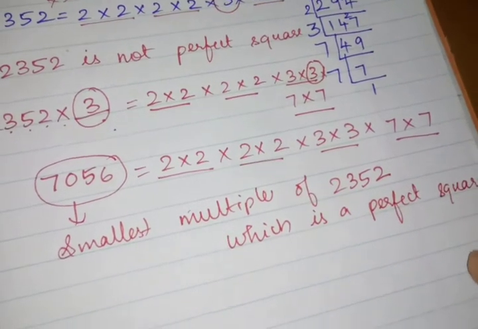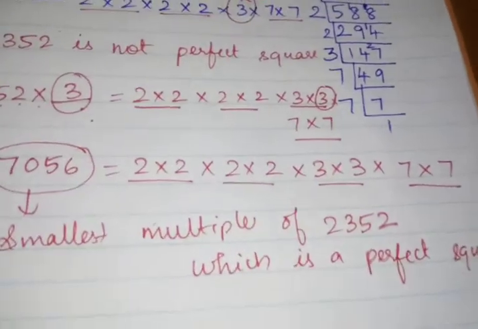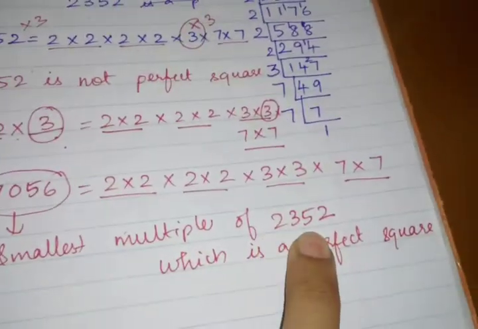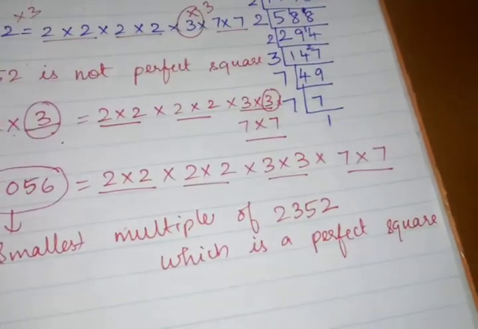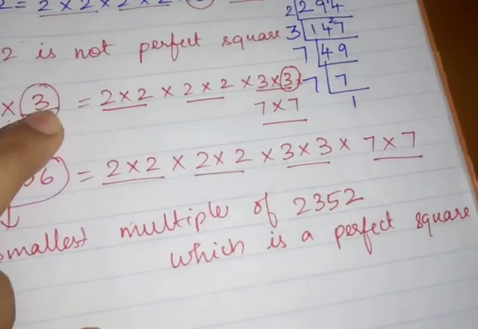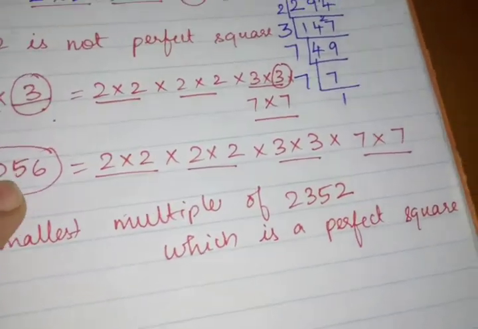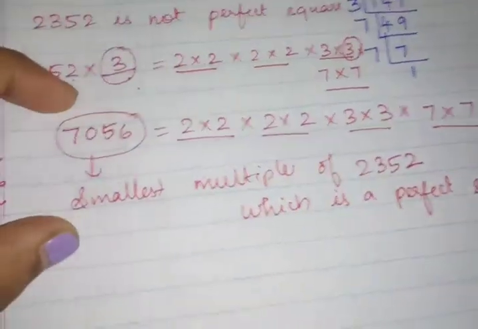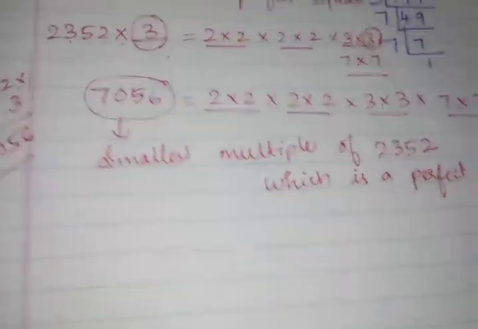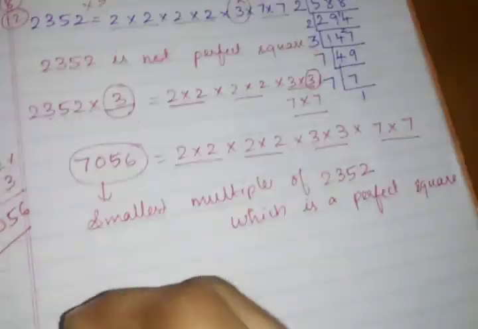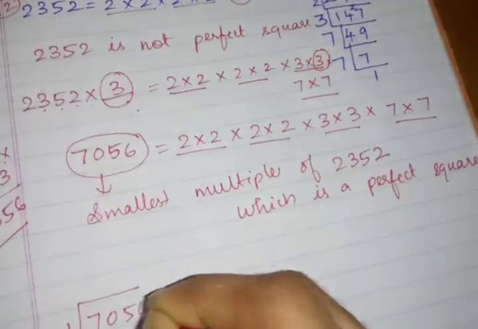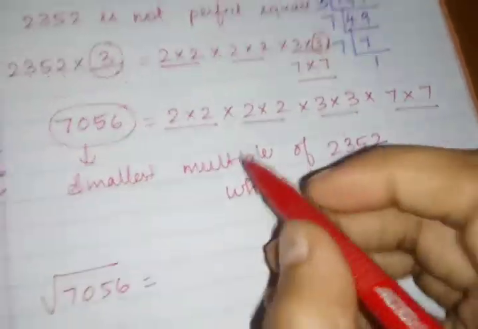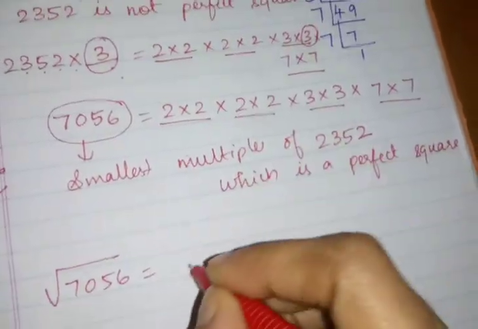Okay, so we have found the smallest multiple of 2352 by multiplying 2352 into 3. I got 7056, which is a perfect square number. So this is a perfect square, right? So can we find the square root for 7056? Yes, of course. Square root means in each pairing you should write only 1.